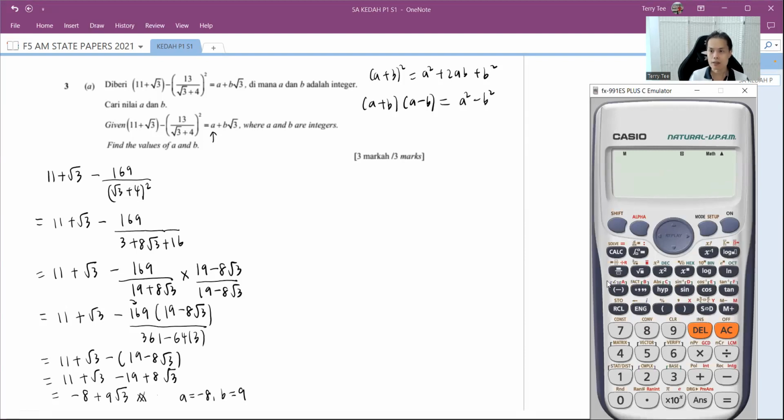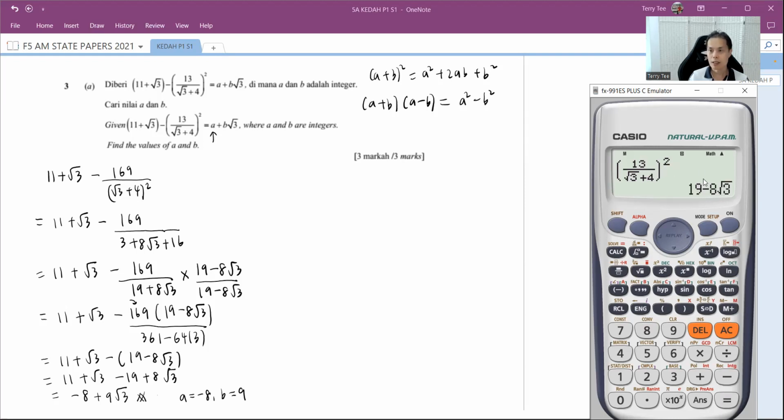By the way, we can actually double check our answer by using the calculator, the silver calculator or even the black calculator. Let's take this 169. I put a bracket here, take 13 over surd 3 plus 4, close the bracket and square it.